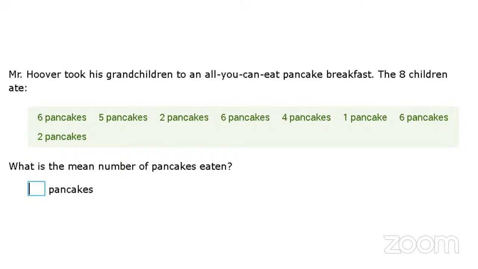So while you are working on this, I'm going to work on it as well. And let me see if I can see some explanations in the chat. I see a person saying the mean is 4. How did you get that?